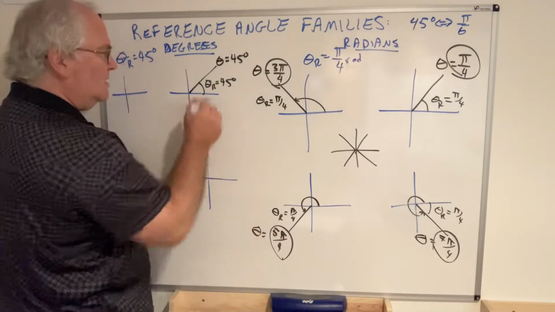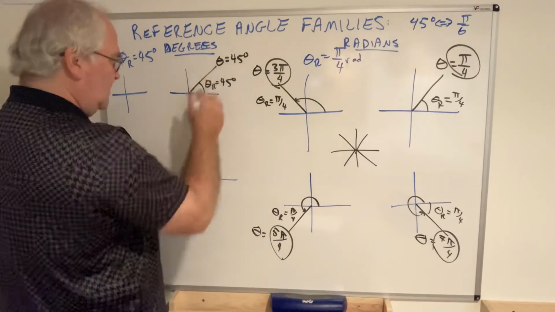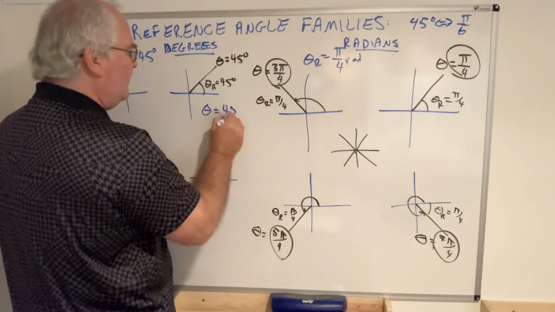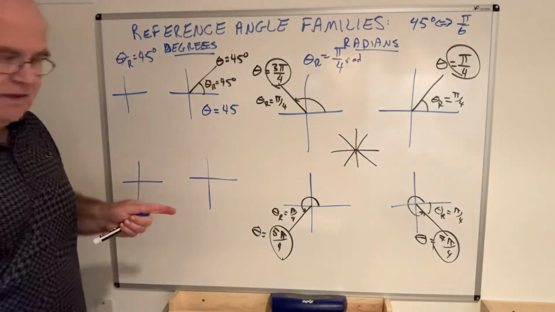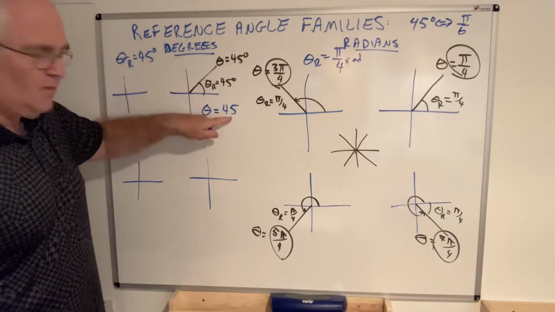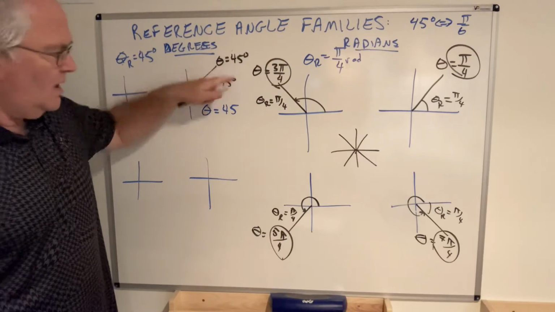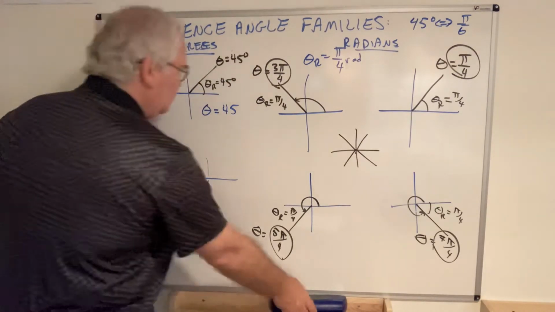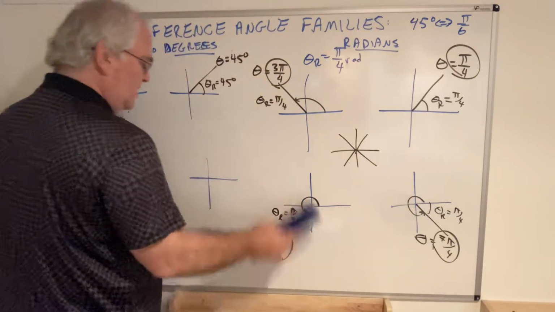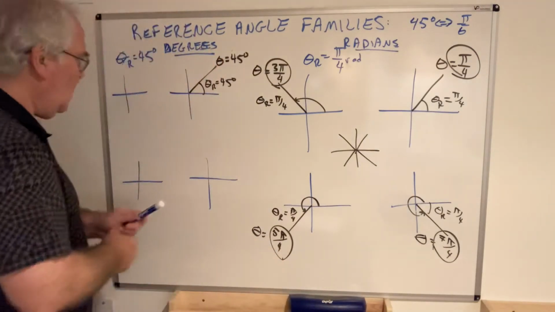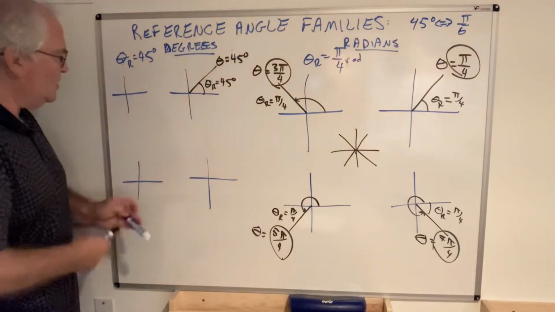So if you write theta is equal to 45, that is not correct, because this would say 45 radians. This says 45 degrees. And so if you mean degrees, you had better write the degree symbol when you write your work out.